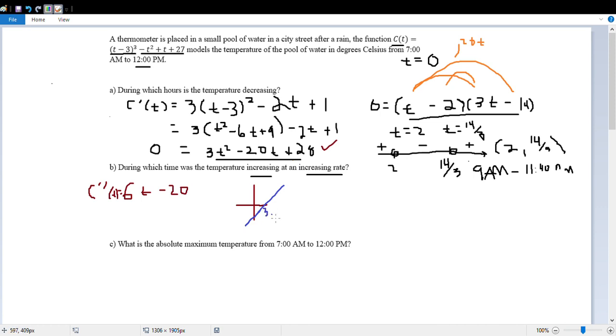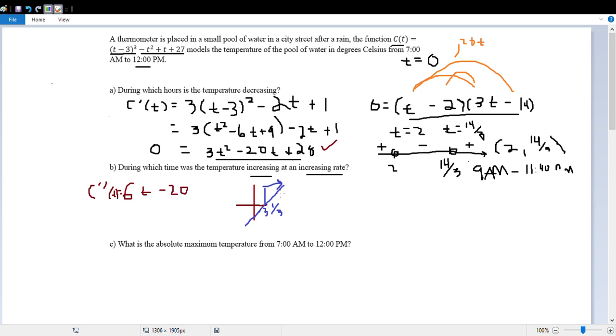That's 3 1/3. So before 3 1/3 hours, the rate of change in the temperature is actually negative. Now we see that the rate of change of the rate of change is negative. So the rate of change was decreasing. So here the rate of change is increasing, okay, from here over.